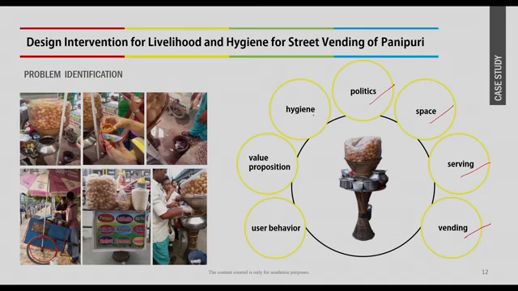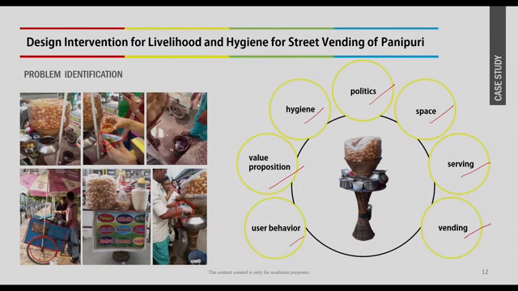We found problems related to hygiene. Sometimes they are wearing gloves, sometimes they are not. We found value proposition problems. There are 10 different pani puri vendors, but you are confused about where to go because they do not have a unique selling property.